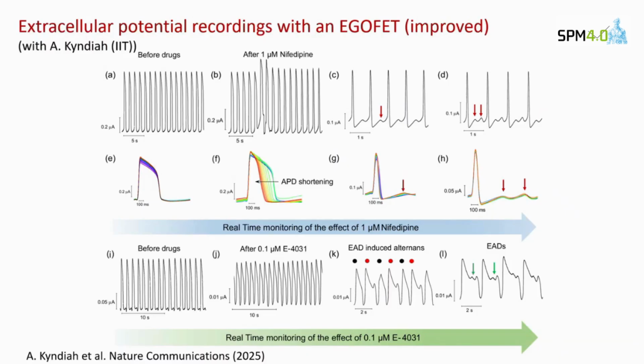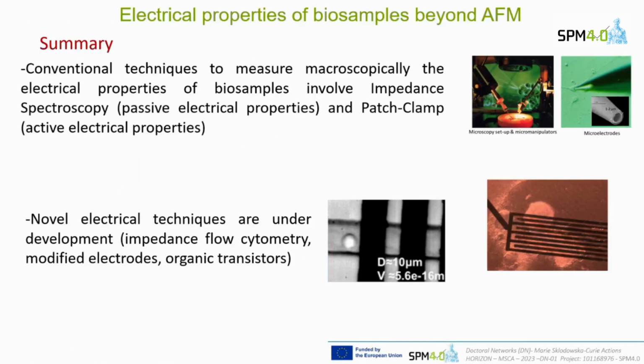Okay, so this is basically the summary of what I wanted to explain. I didn't want it to be too long because it's a hard morning. So basically the summary is, of course, beyond the AFM techniques that we explained in the beginning, there are many other techniques that you can use to probe the electrical properties of cells or molecules or whatever.